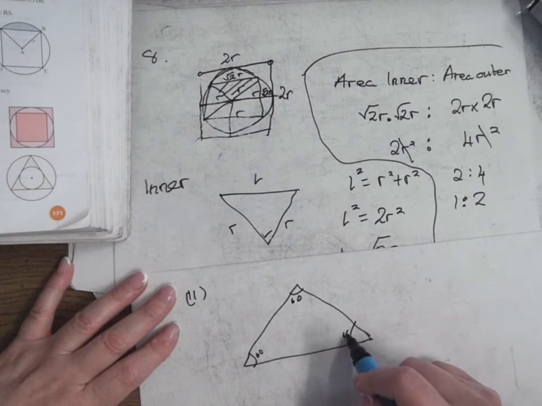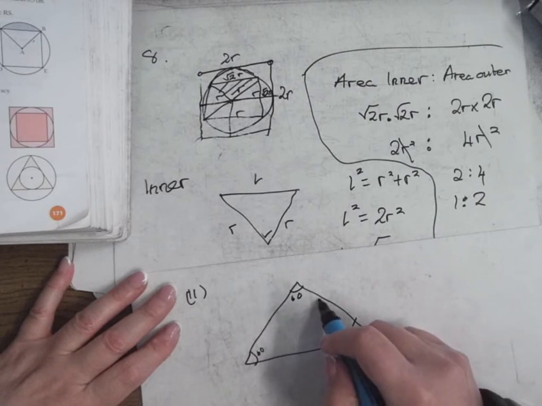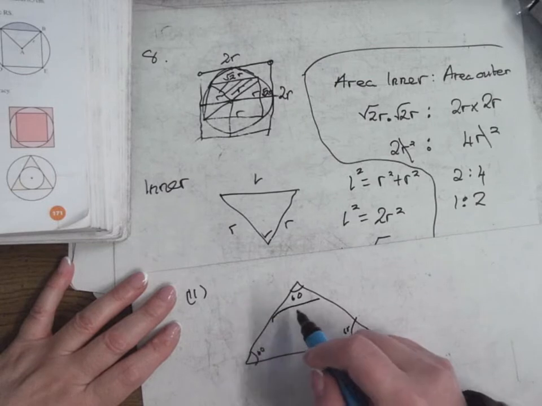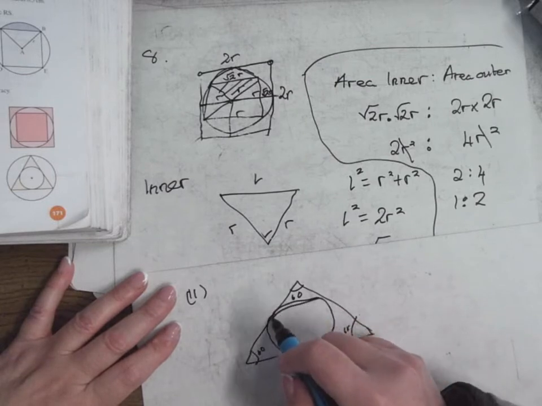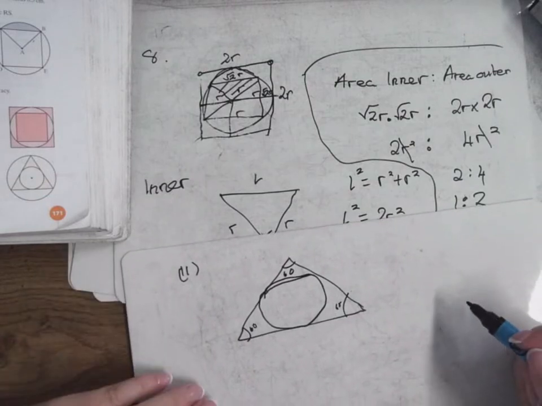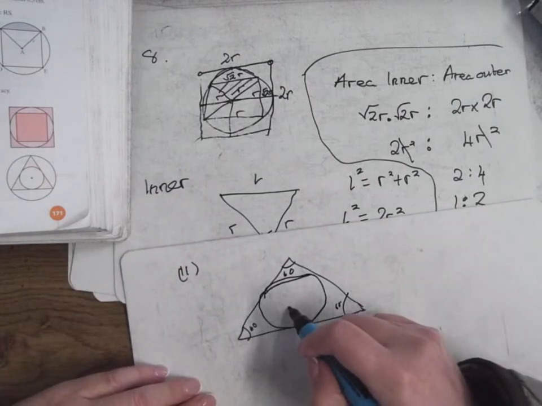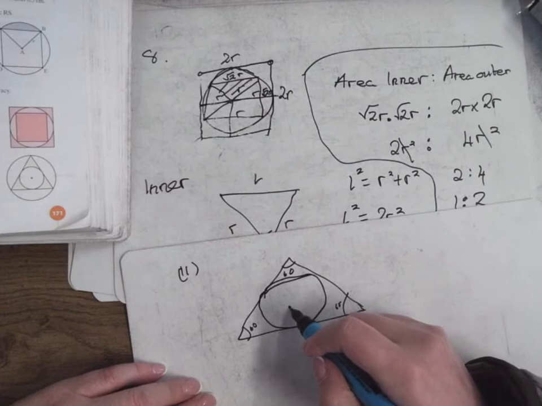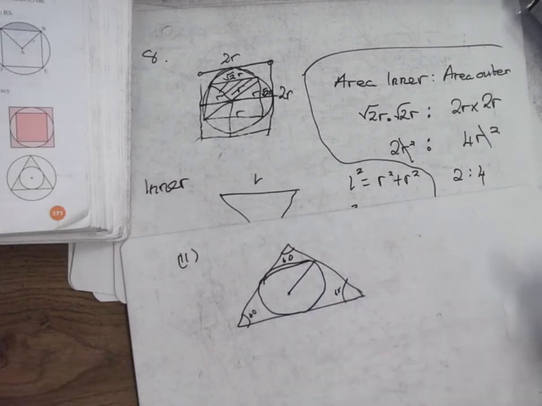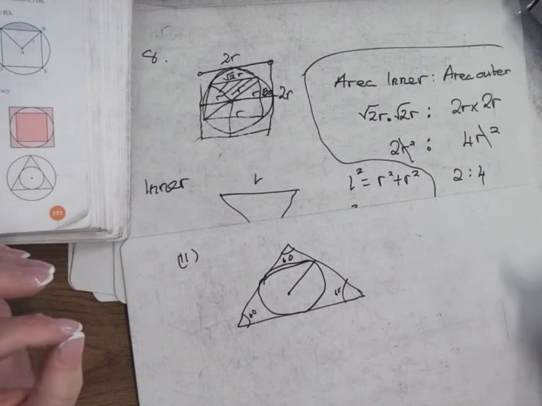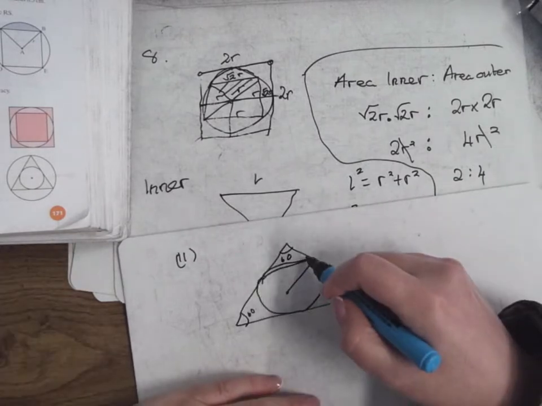Is that okay? There's a circle inscribed in the middle. Sorry, that's terrible, that's supposed to be a circle inscribed there. I'm just going to put a center in that circle and draw the radius. You probably need to know that in a circle the radius makes a right angle with the tangent.